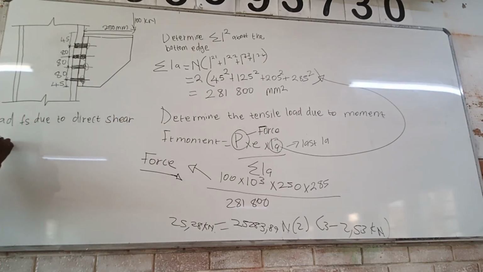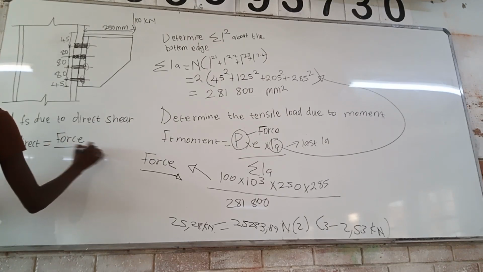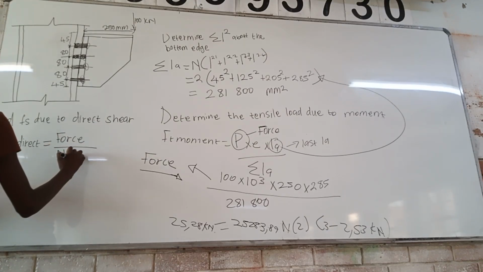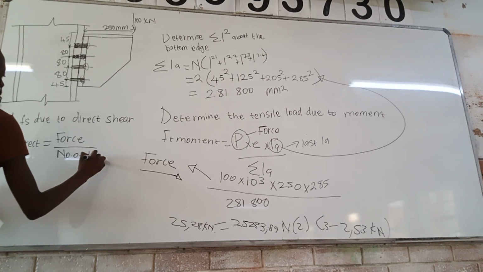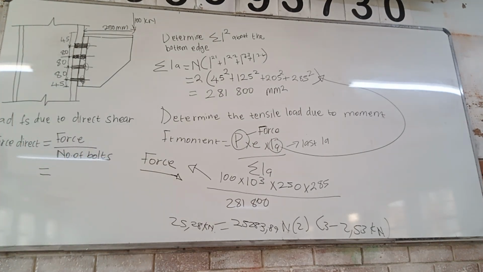So the formula is F direct is equal to the force divided by the number of bolts. How many bolts do we have? 5, 5 again.